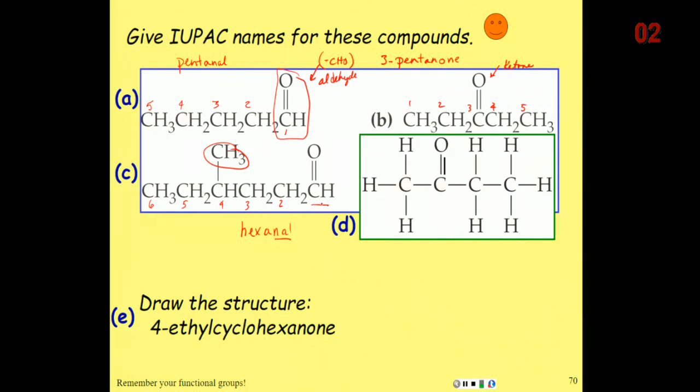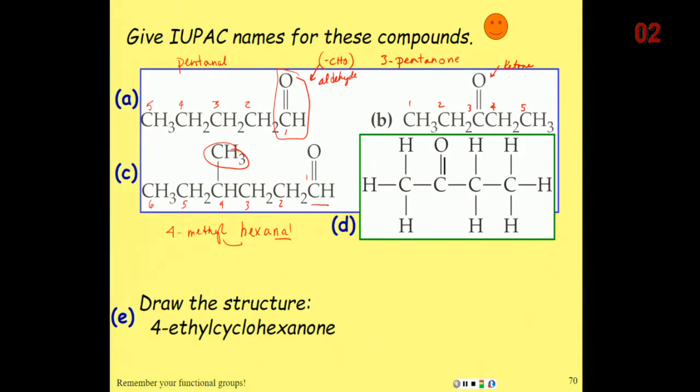And we have to specify the number. Still, no, you don't have to, because aldehydes are always carbon 1 in these structures. And then you have to specify the location of the methyl group, which is on carbon 4. So 4-methylhexanal. That should be all one word, but I don't always guess the spacing correctly.